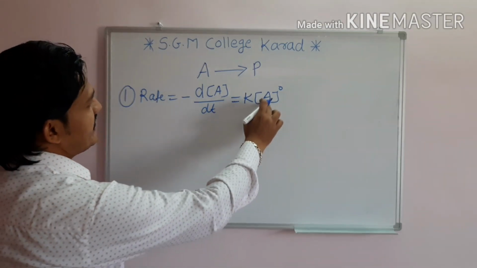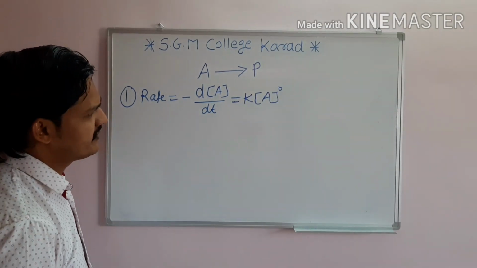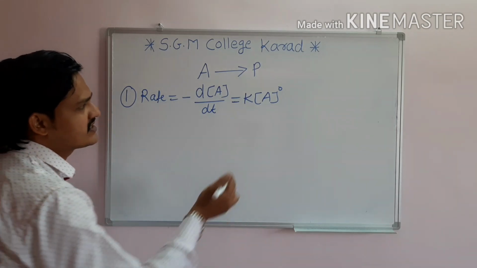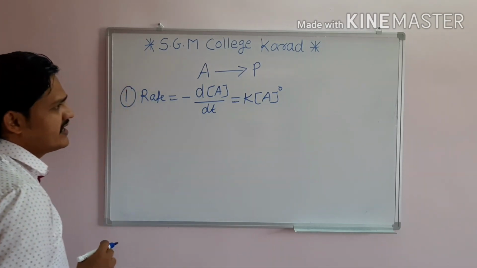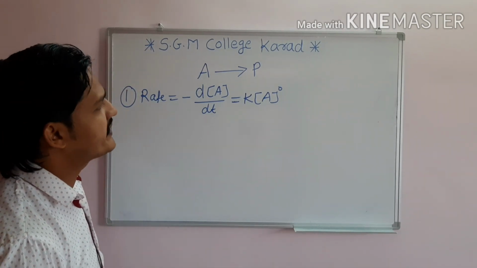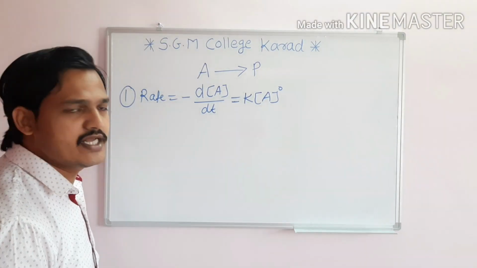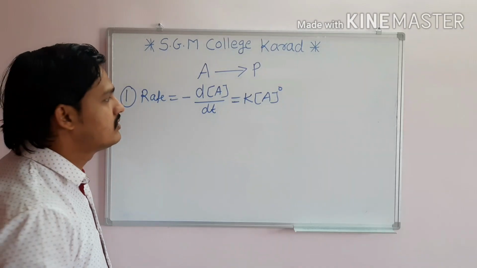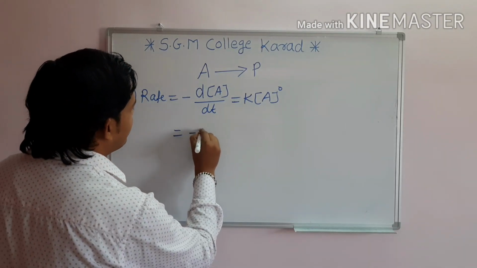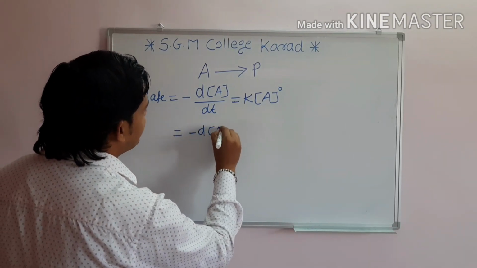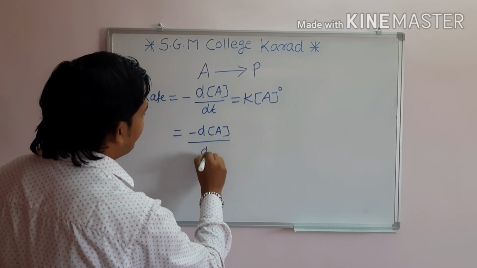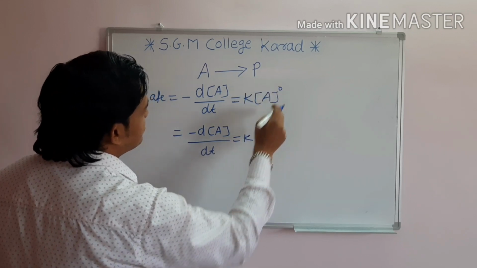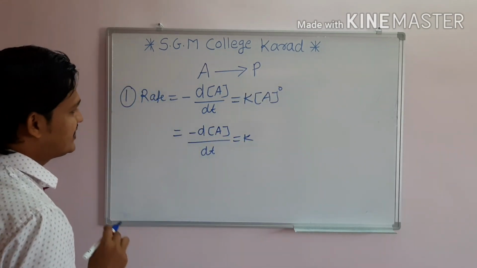So rate of reaction is independent of concentration of reactant. Rate of reaction constant है और rate of reaction is constant है मतलब याच्यावरती depend है. Rate of reaction is independent of concentration of reactant is also called a zero order reaction. So A to the power 0 means 1. So only remains minus d[A] divided by dt is equal to k because A to the power 0 is the value equal to 1.